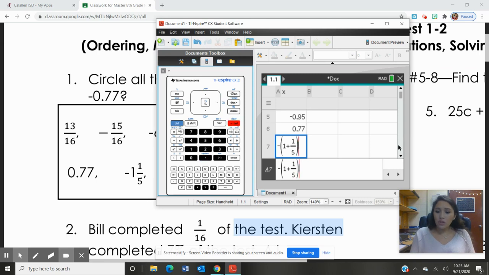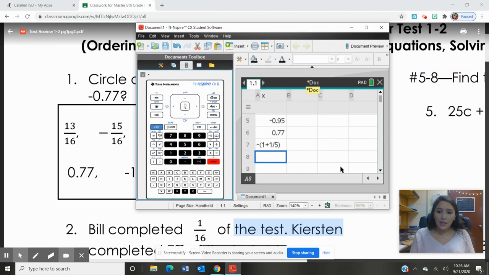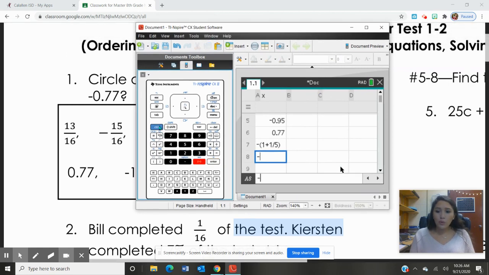We're going to press enter here and enter our next number, which is negative square root of 2. So negative, and then the square root symbol is control, and then it's right here, x squared. If you notice that little blue square root symbol, so I got my square root symbol and the number 2.